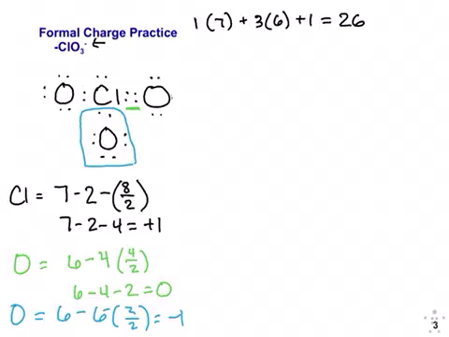So that's not ideal. So how should we fix this oxygen? Take an unpaired pair and make it a double bond. Good. So we'll take this pair and make it a double bond.